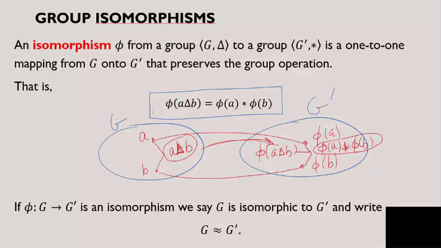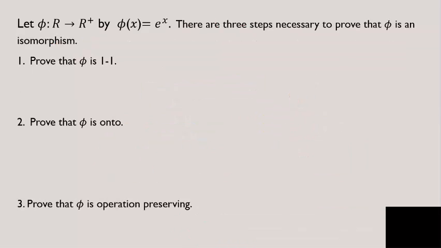So if we're given two groups and we can define a mapping from one to the other that preserves the operation, and we can show that that mapping is one-to-one and onto, then we know that the two groups are algebraically identical. In other words, they are isomorphic, and we denote that by this. In our first example, the mapping is given to us.